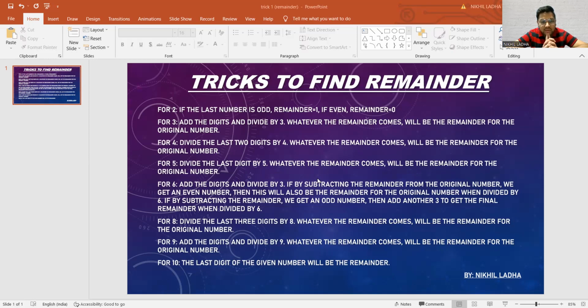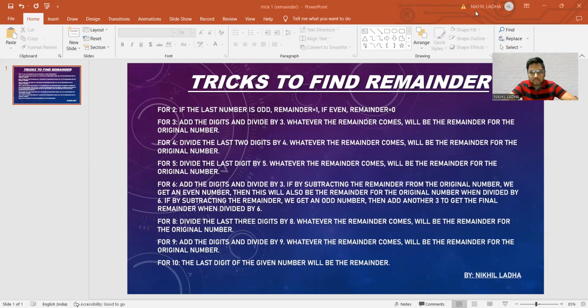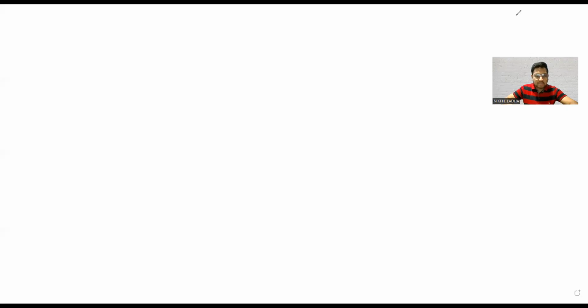For 3, the trick is add the digits and divide by 3. Whatever the remainder comes will be the remainder for the original number. Let's try and learn it by a different process. Let's take a number 364. When we add 3 plus 6 plus 4, we get 13.